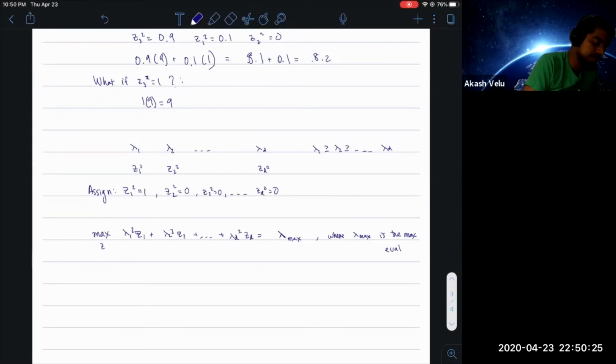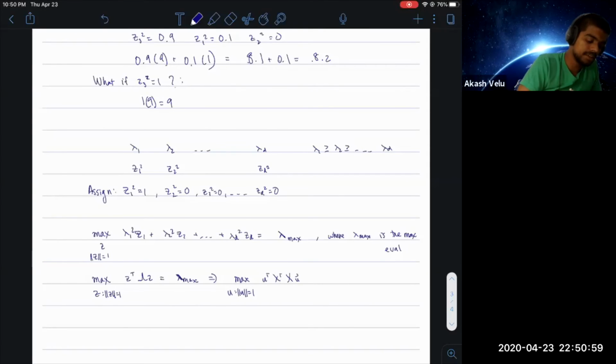So the maximization of z transpose lambda z is equal to lambda max. But again, remember from earlier in the video, we showed that this is the same as the maximization of u transpose X u subject to norm u equaling 1. So we've shown now that the max value we can get is equal to lambda max.